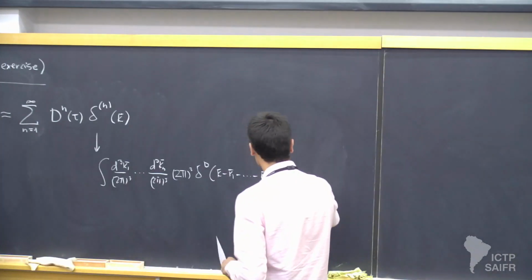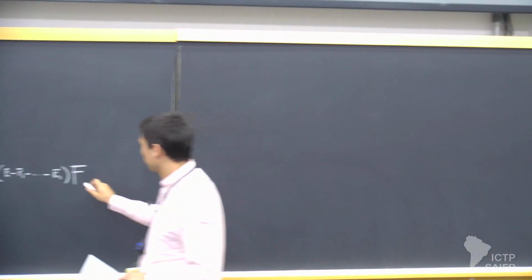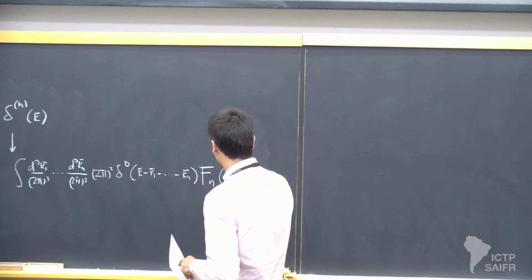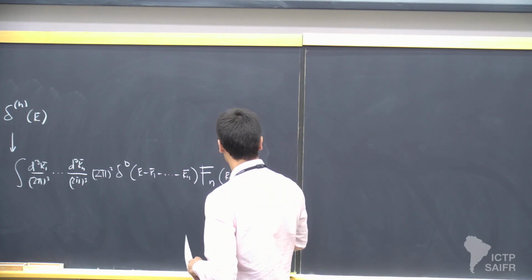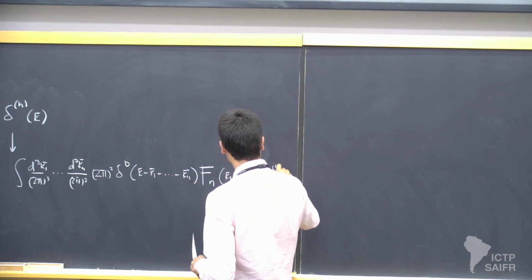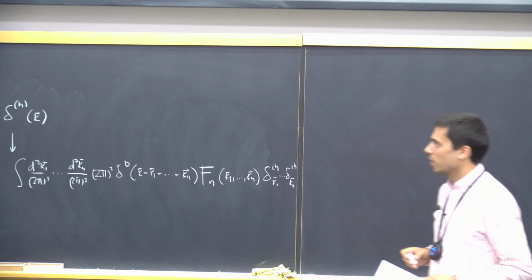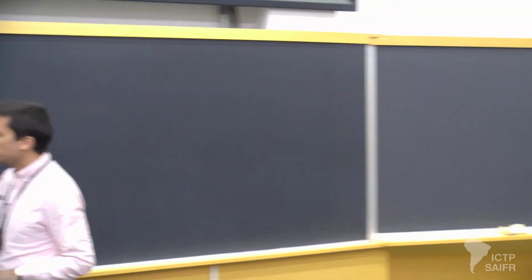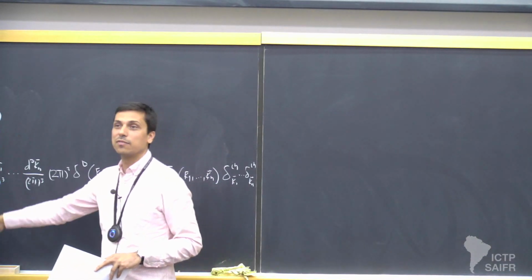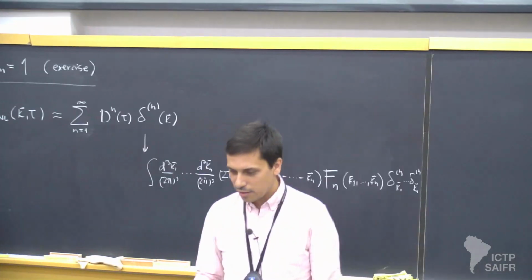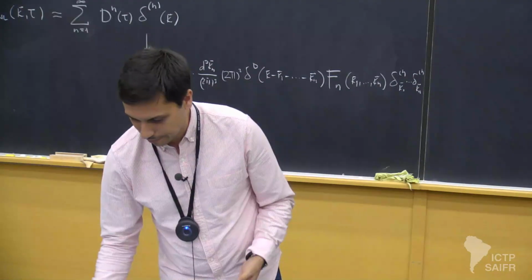And then there is F_n of k_1, ..., k_n. And then there is delta initial of k_1, ..., delta initial of k_n. And there is a similar expansion for the velocity field as well. All right? So this is the structure of the solution.